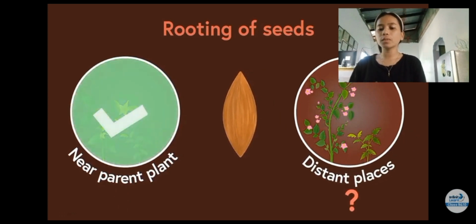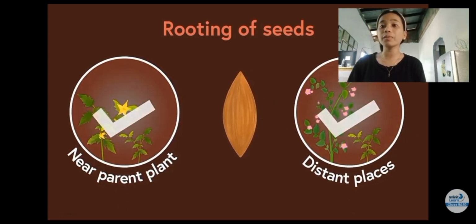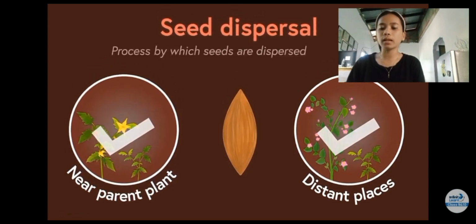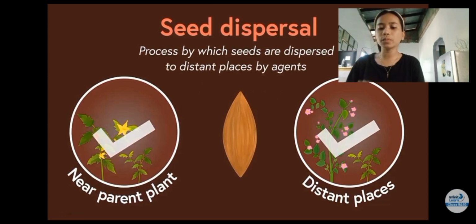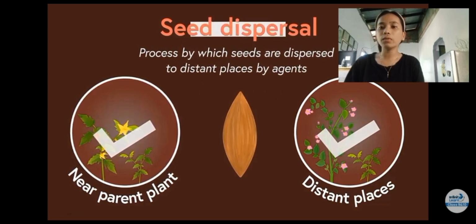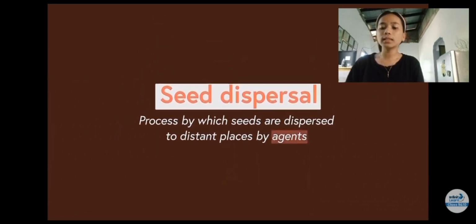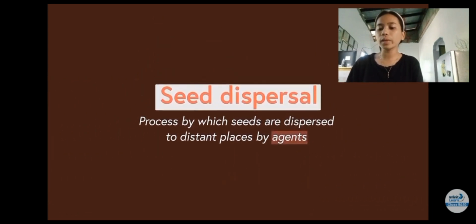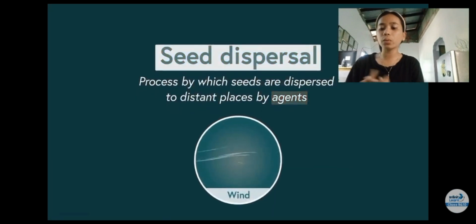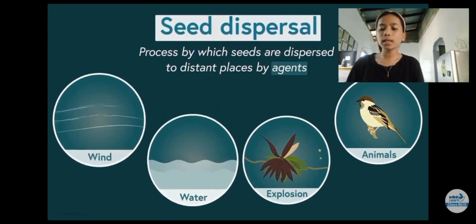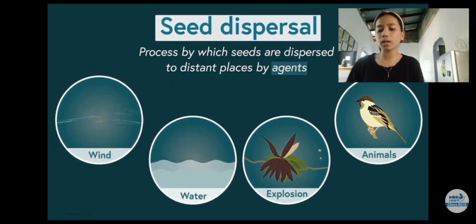Seeds can be dispersed to nearby or distant places thanks to the process of dispersal. The process by which seeds are dispersed to distant places by various agents is known as dispersal of seeds. Seeds are transferred to various places by factors such as wind, water, explosion, and animals. These agents make the process of dispersal of seeds easier.